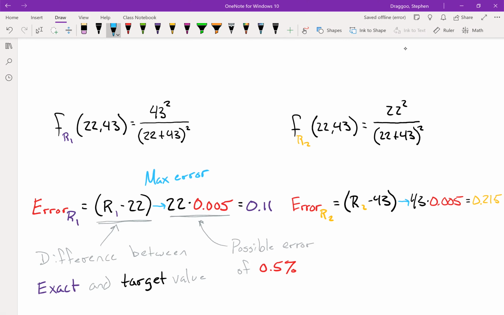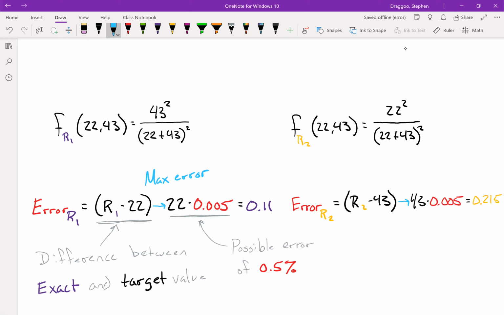So I get a maximum possible error of 0.11 in the R1 direction and 0.215 in the R2 direction. Since those same pieces would apply to the R2 calculation, just with a different number plugged in there. It'll be 43 was our target value for R2 instead of 22. So now we've got maximum errors for both R1 and R2.